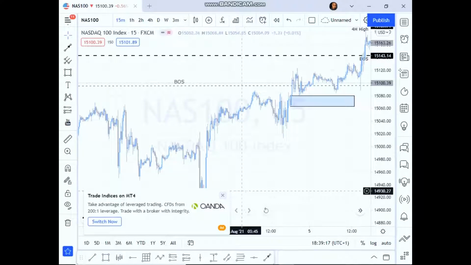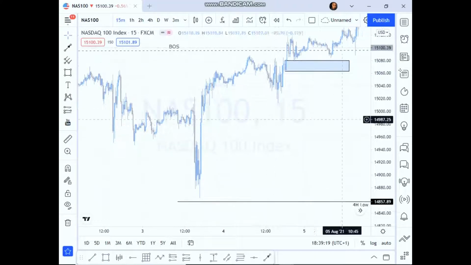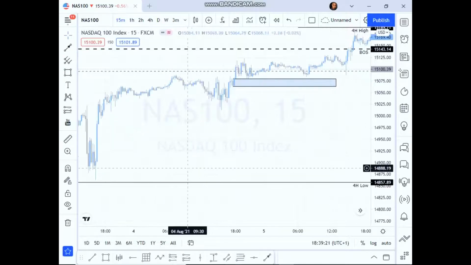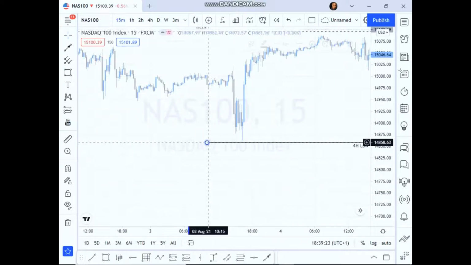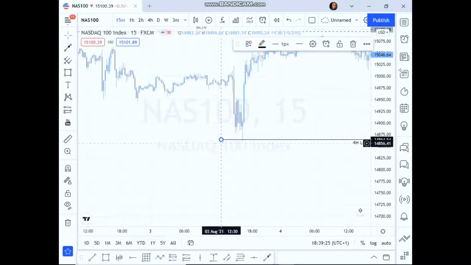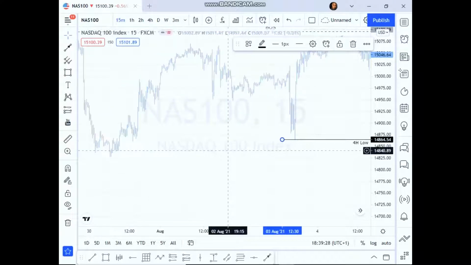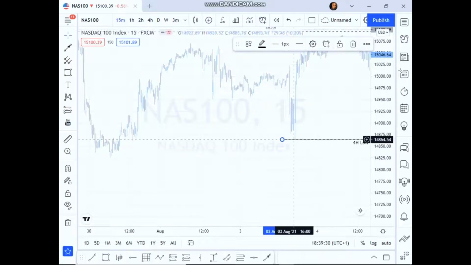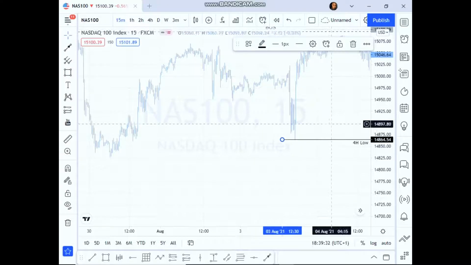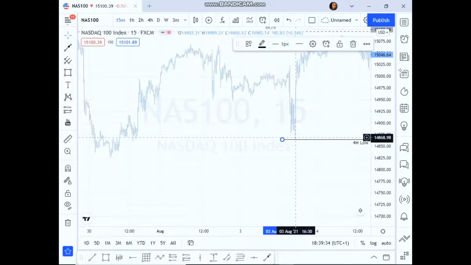But within that, there's this 4 hourly low here. I could place a POI, but the thing is, this order block here was already mitigated. If we look to the left, we had an order block here, but for the video's purpose, I'm not going to make it long.